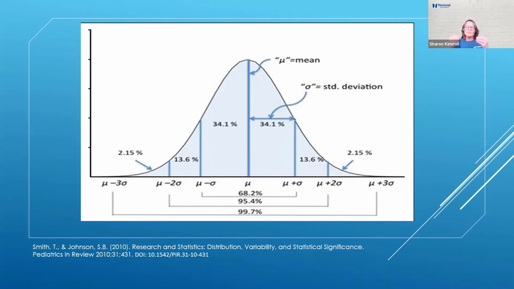Then we test the difference between these groups. So instead of these data points within this bell-shaped curve being a single measurement of independent learning value, think of the data points as a difference in independent learning value between your groups.